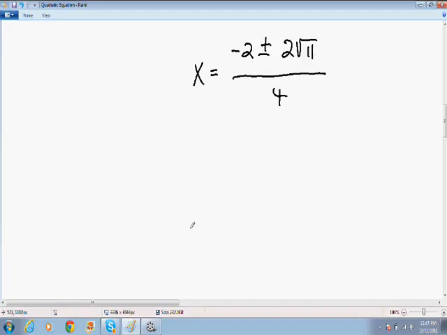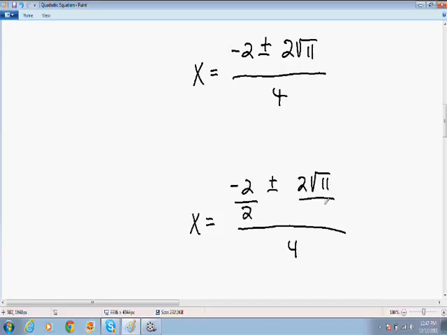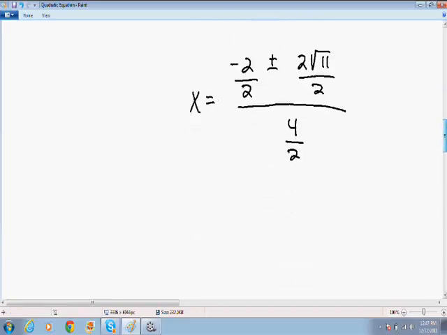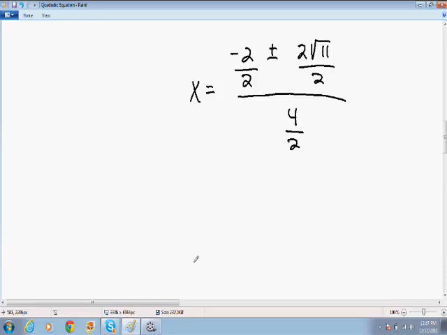What I like to do is just rewrite the formula exactly the way it is with a little space on top. To simplify it, you need to divide every term by what they have in common. Since they all have a 2 in common, I'm going to divide every term by 2. And finally, we arrive at our final answer.